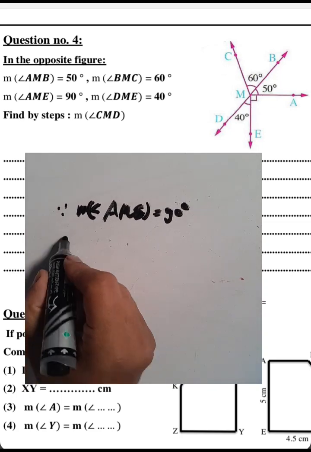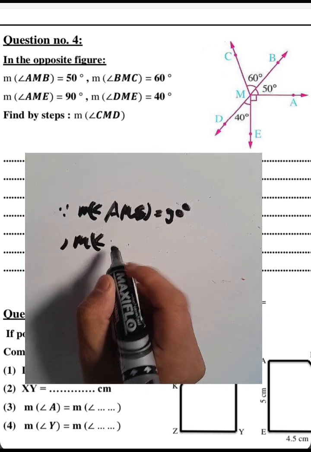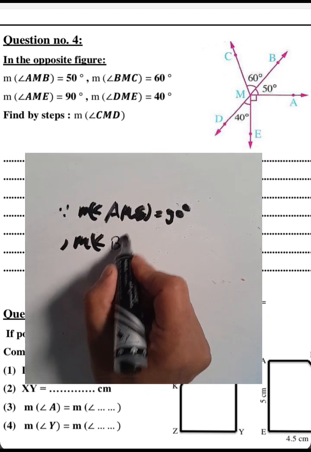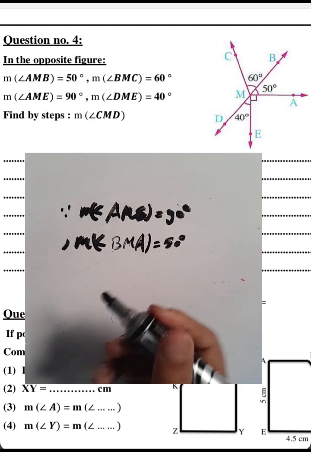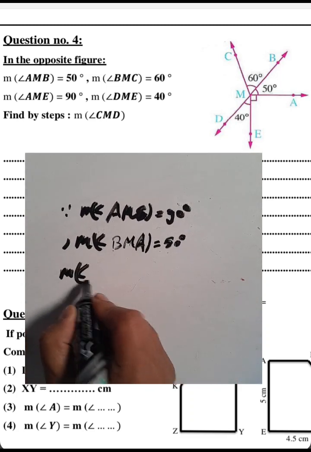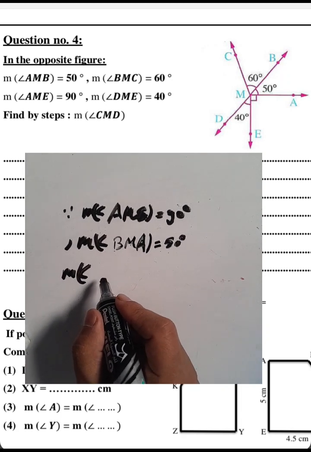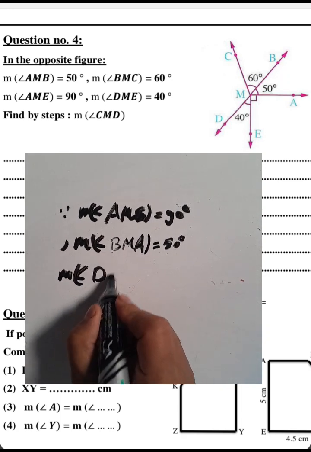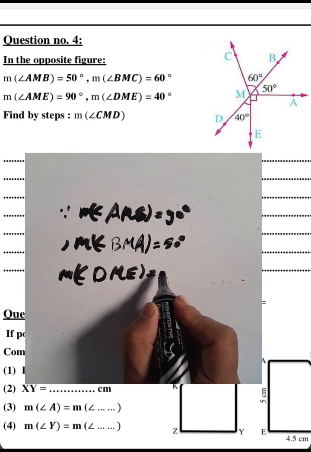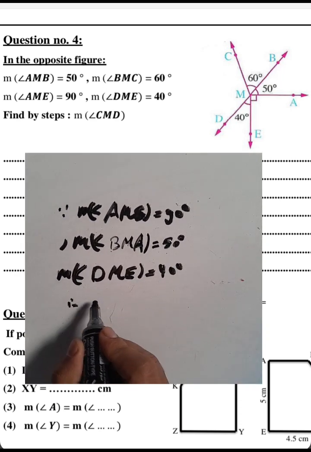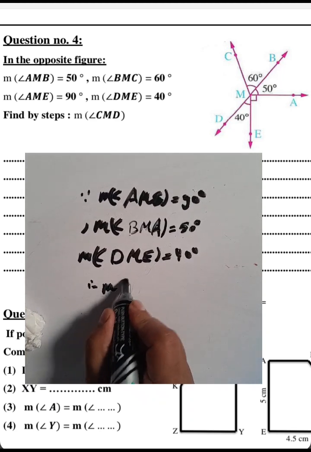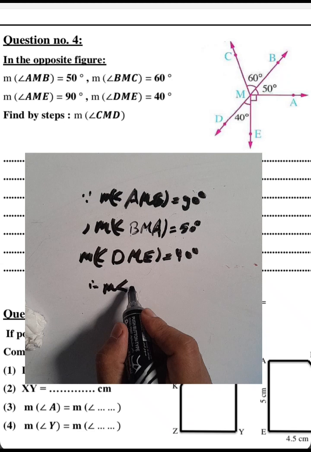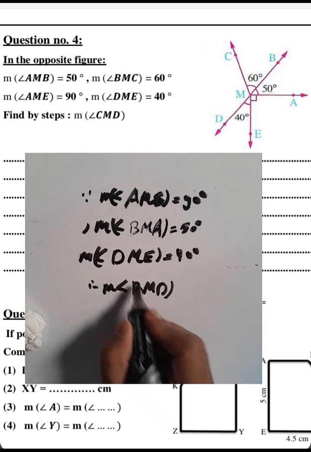This angle was 90 degrees, and the measure of angle BMA equals 50 degrees, and the measure of angle DME equals 40 degrees. Then the measure of angle BMD equals 180 degrees.